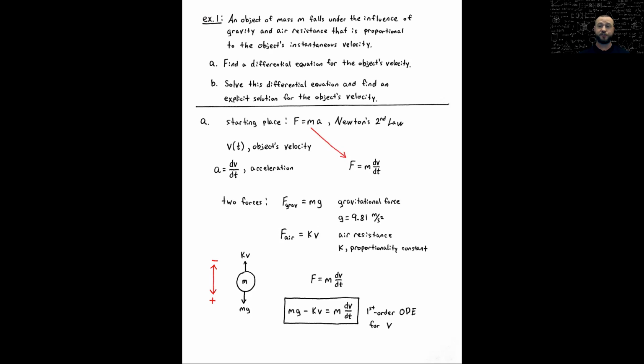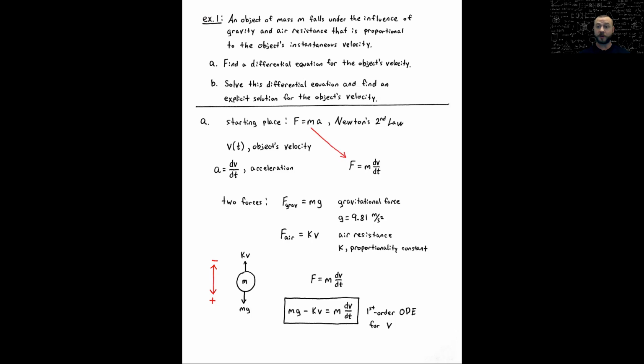Now in physics, you get to choose a coordinate system, and since we're going to be releasing the object and it's going to fall down, we're going to call the down direction positive. Opposite that, up, would then be negative. You can do it with your sign switched, but this just makes the differential equation look a little simpler.